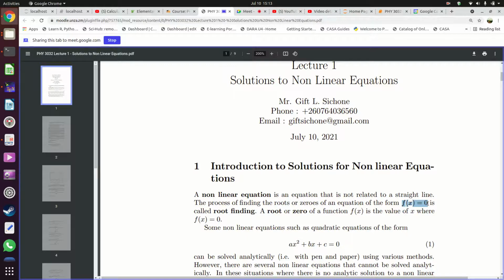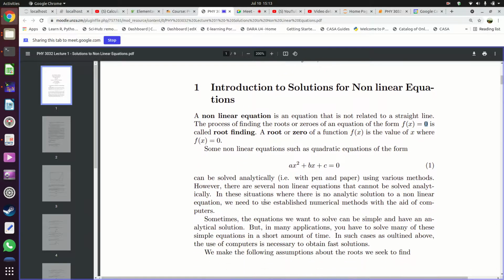Are we clear? Here, what you're looking for is what value of x, if you put it in this function, gives you a 0. That is what's referred to as a solution, a root, or a zero. So basically, there are different ways of working out some of these things, and we're going to look at three basic ones which we use when you're doing computational stuff or numerical methods.